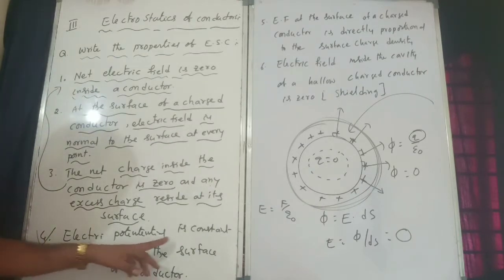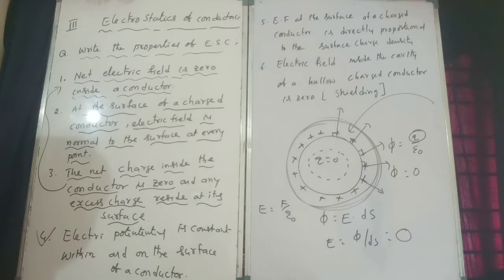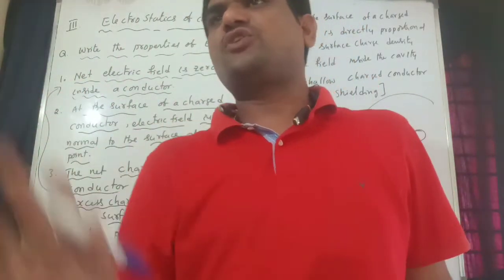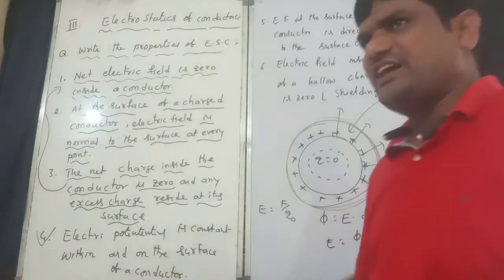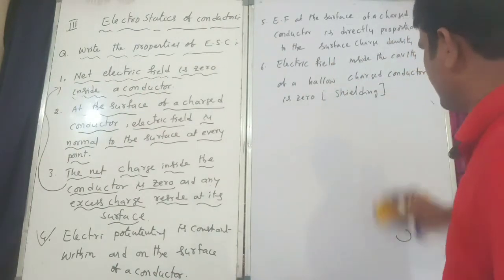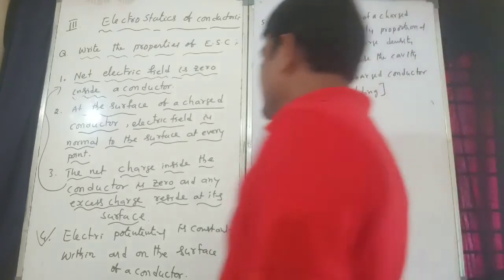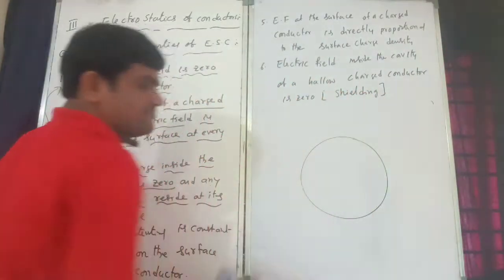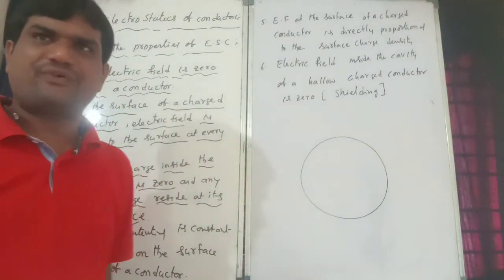Electric potential is constant within and on the surface of a conductor. This is a very, very important point. So the potential is constant. For example, this is our conducting surface.